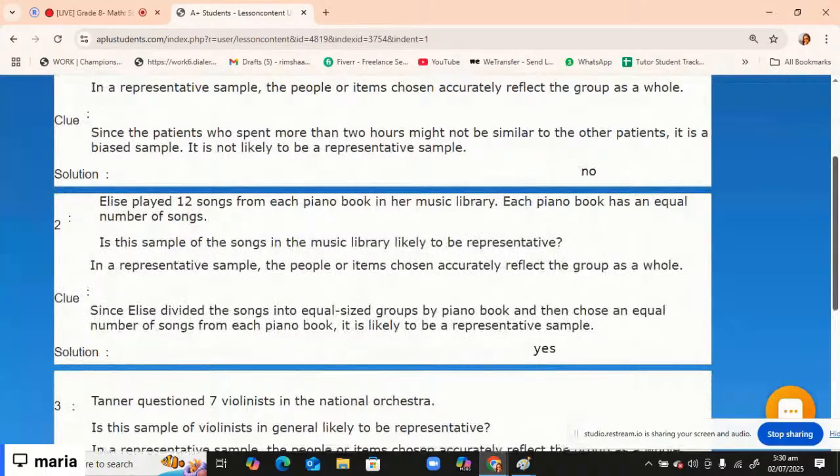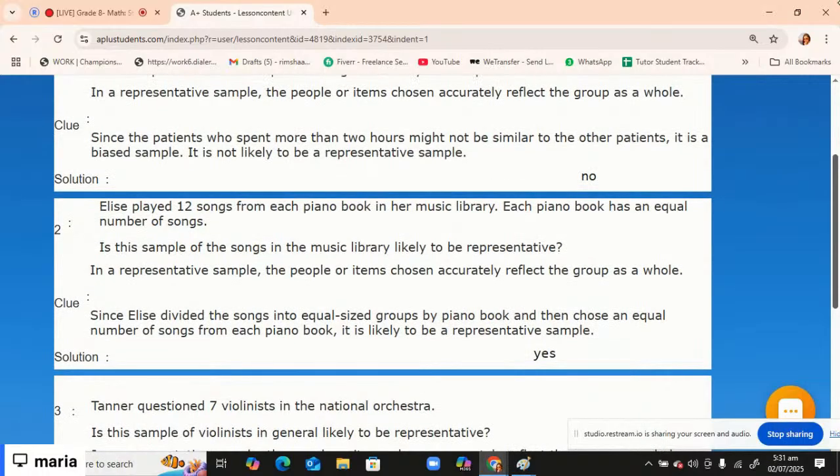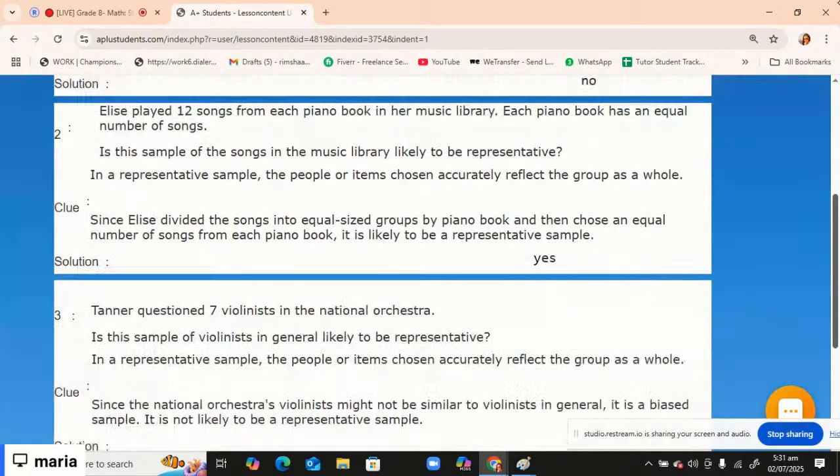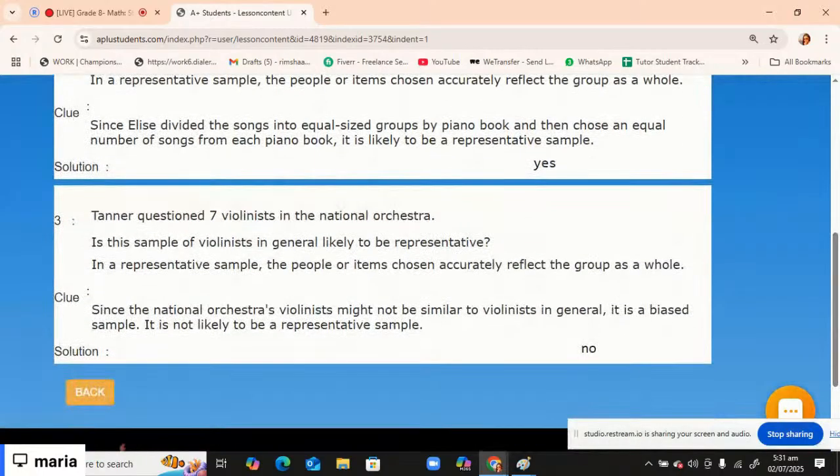Elisa played 12 songs from each piano book in her music library. Each piano book has an equal number of songs. 12 songs fixed, and each piano book has an equal number of songs, so it means it's representative. Tanir questioned 50 violinists in his national orchestra.